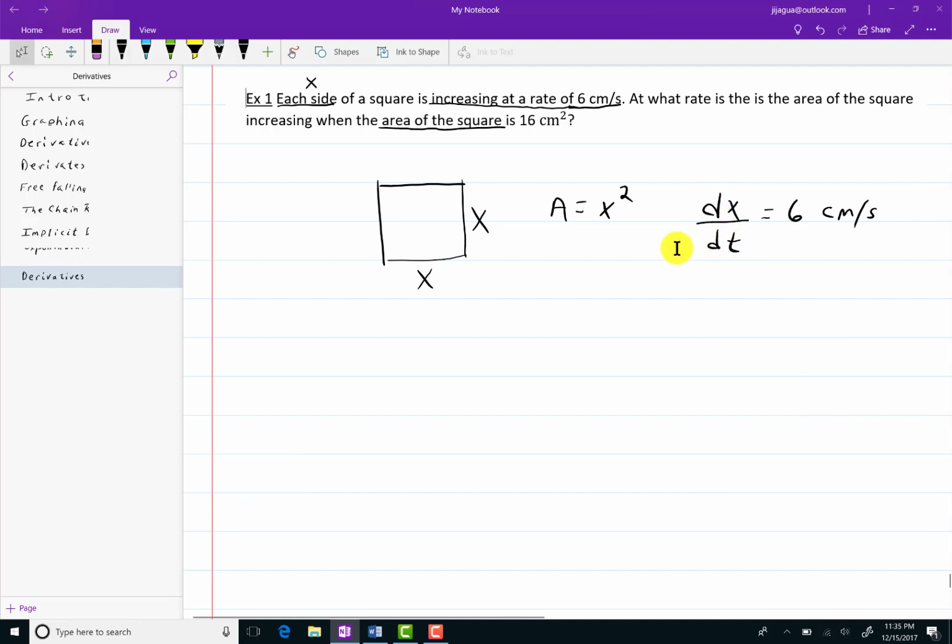Now what I have to do is try to relate this to area somehow. And how do I do that? Well, you're going to assume that everything is a function of time t, because x is changing as t changes, and A is changing too. As x gets bigger and bigger, you can visualize a larger and larger square being drawn. So the thing that you have at your disposal is to take the derivative with respect to t of both sides.